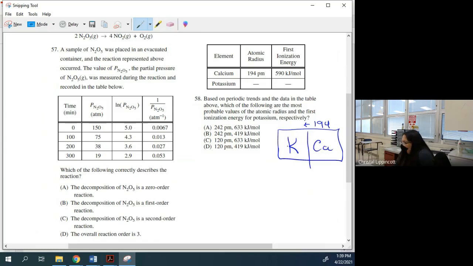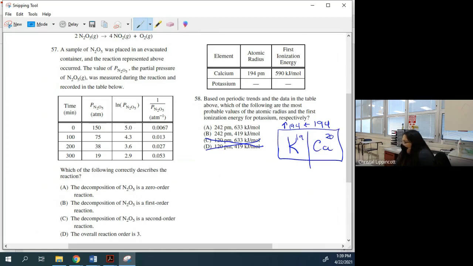Bigger, right, because we have fewer effective nuclear charge here than we do here. This has 19, this has 20 protons. So you've got fewer things pulling stuff in. So this number should be north of 194. So we're going to look for a number that's bigger than 194 here. So that's going to get rid of C and D automatically.